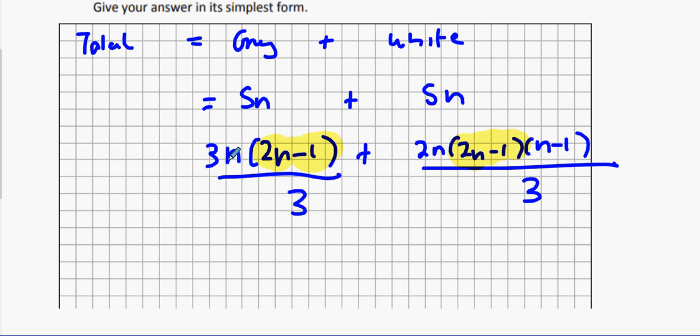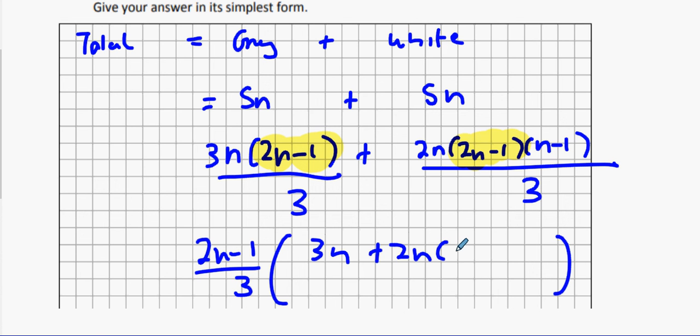So now we have something in common. What can we take out that they have in common? Well, we can take out the 2n minus 1 and the 3 from both of them, and what we have left over is 3n, and then 2n multiplied by n minus 1.